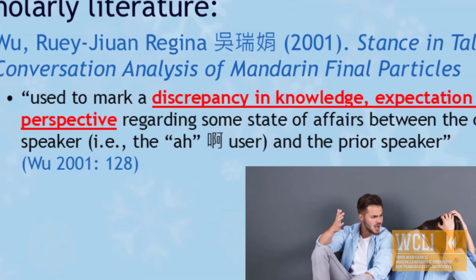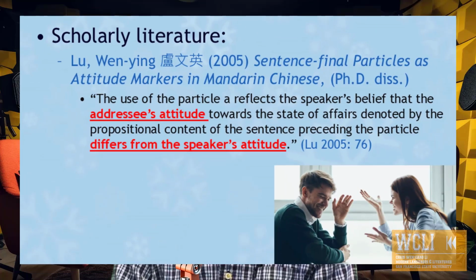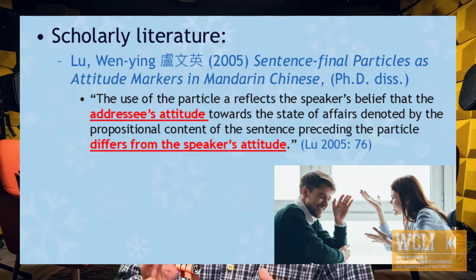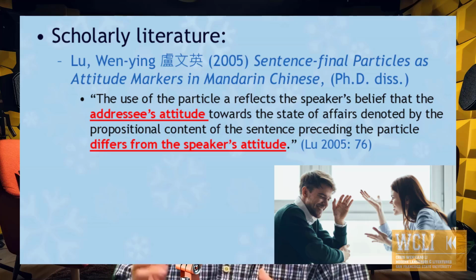my statement. A similar description is given in Wen-yin Liu's PhD thesis, where she says, the use of the particle 啊 reflects the speaker's belief that the addressee's attitude towards the state of affairs denoted by the propositional content of the sentence preceding the particle differs from the speaker's attitude.